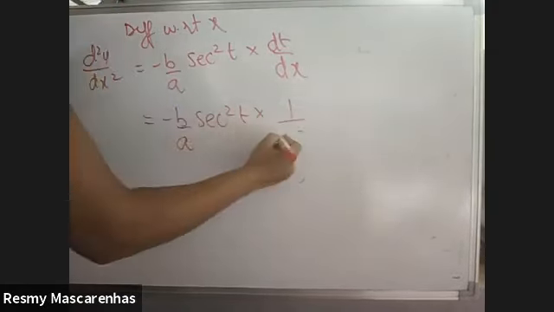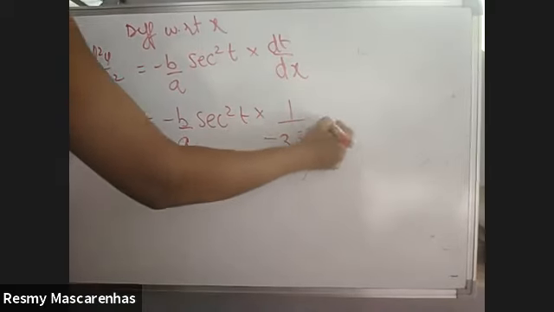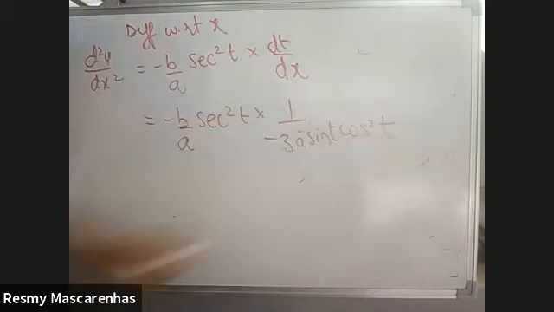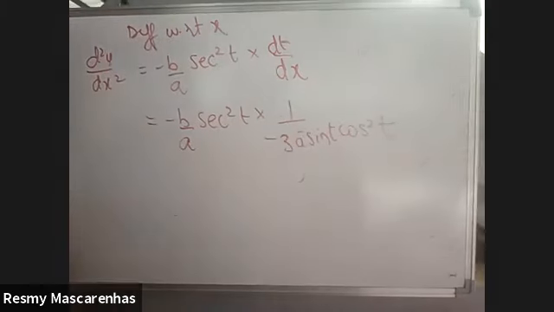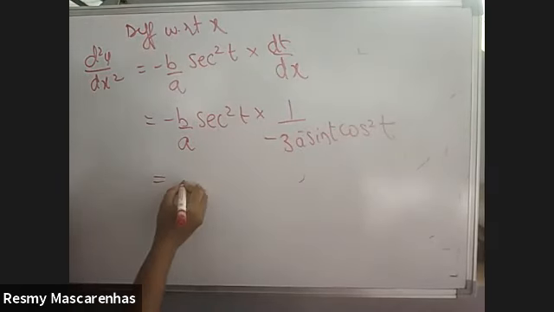You can write like this. Okay. So sec square, if you bring down, it will become cos square. Square and square will give you 4. So minus will cancel.